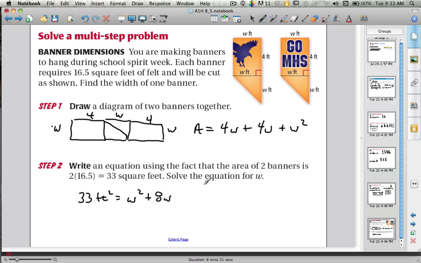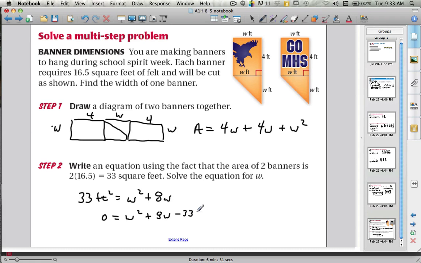So I combine like terms, and I also put my polynomial in the right order. So now if I wanted to set this equal to 0, I get 0 is equal to W squared plus 8W minus 33.